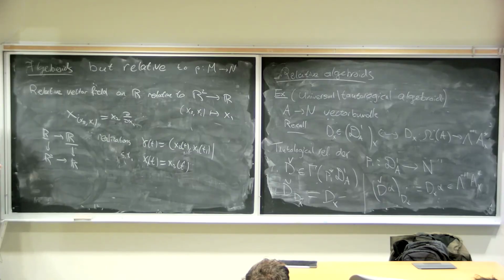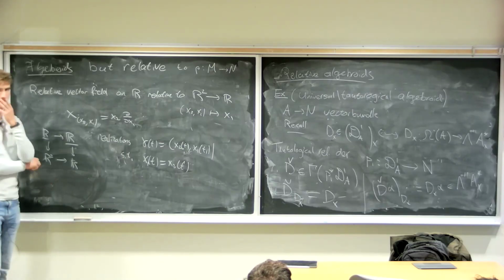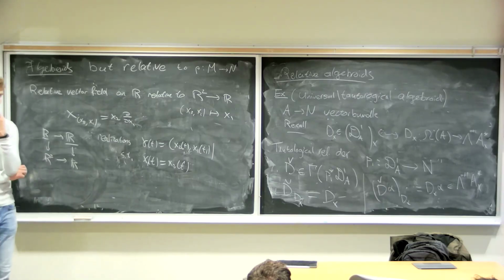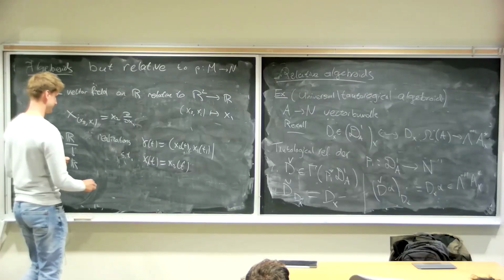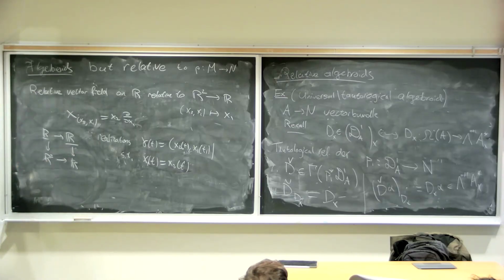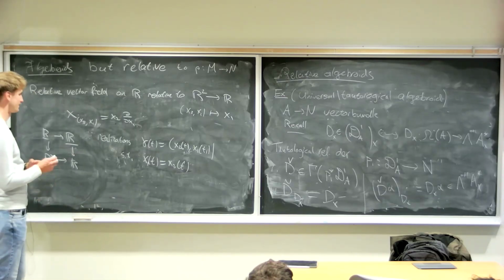Let's just try to draw the picture. We have a vector field that looks like a shear vector field, but it's not really a vector field on R2.